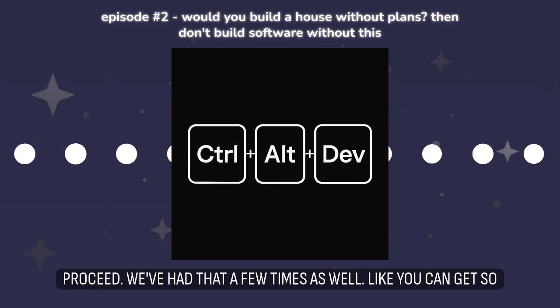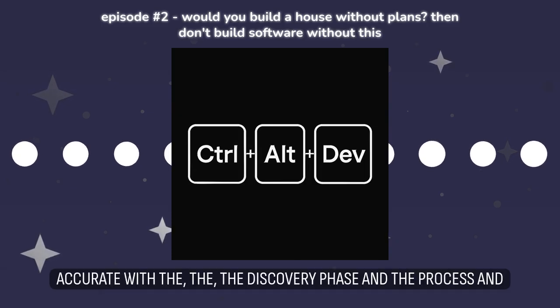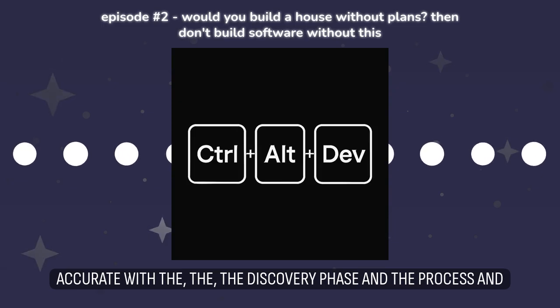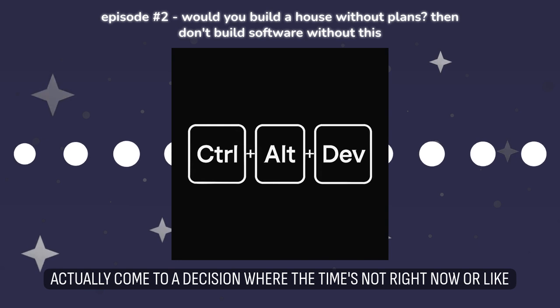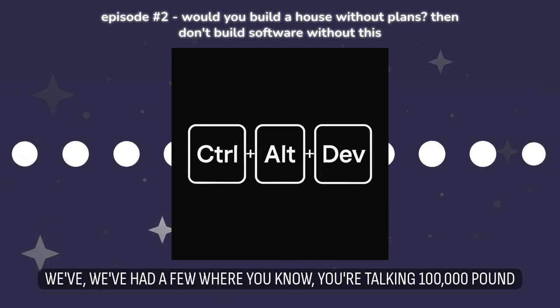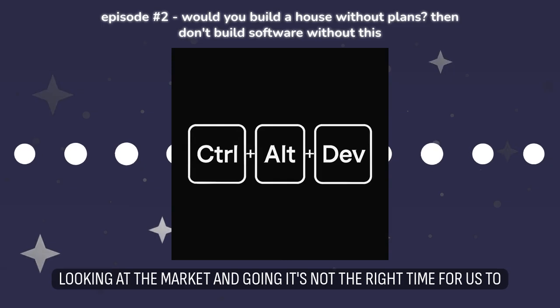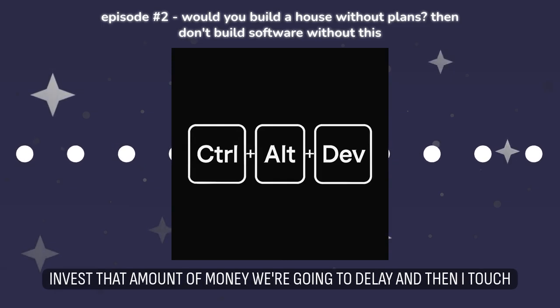You can get so accurate with the discovery phase and the process and actually come to a decision where the time's not right now. We've had a few where you're talking a £100,000 plus project and the business owner's got the cash, but they're looking at the market and going, it's not the right time for us to invest that amount of money.